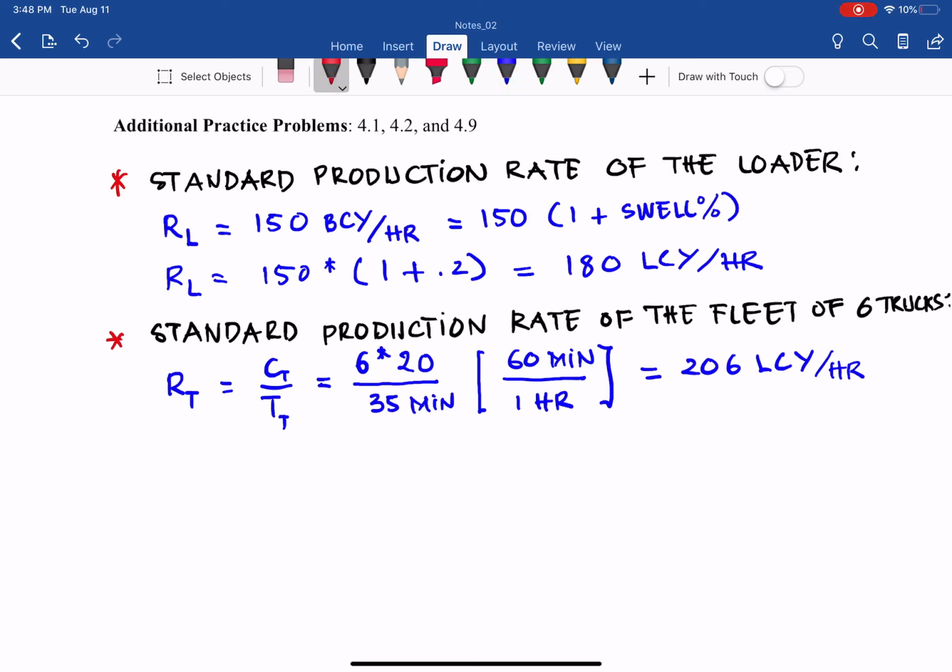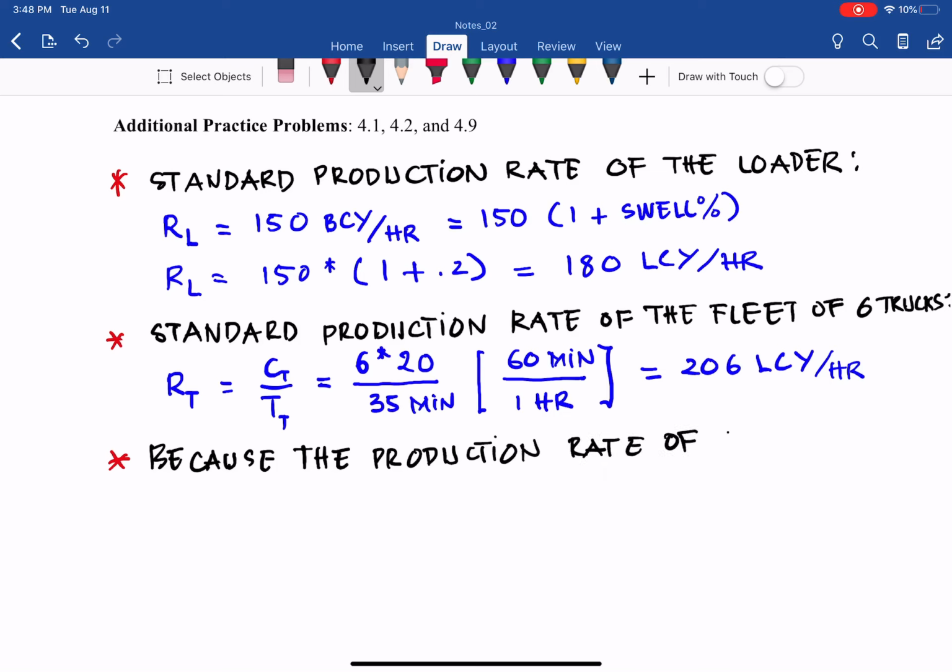So with that, we have to reason here, because the production rate of the loader is lower, right? Is lower.